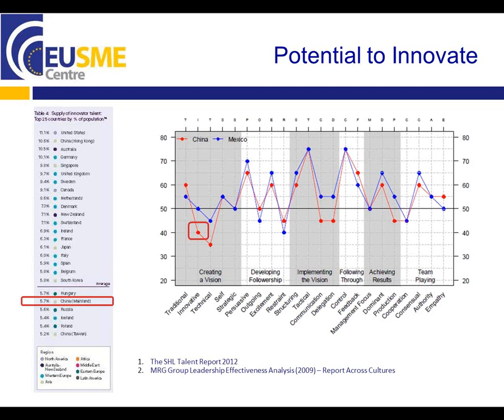And sorry, this is funnily enough comparing Mexico and China because they seem to have a very similar profile. But what we see here on strategic, if you look from the bottom, 1, 2, 3, 4, 5 over, that's one leadership capability. Strategic is there around 50%. And certainly we would want to see it at 60, 70, 75%, which is where it is in some of our more developed countries, in order to feel that we're on the right track.